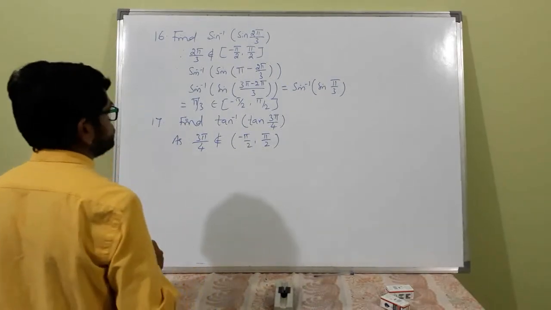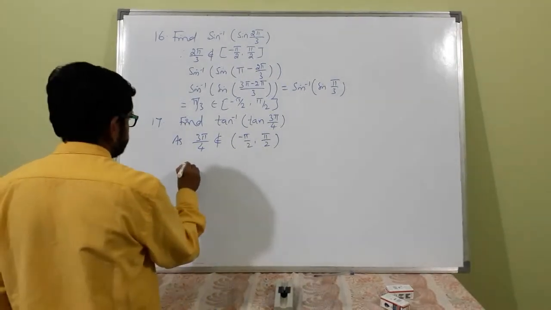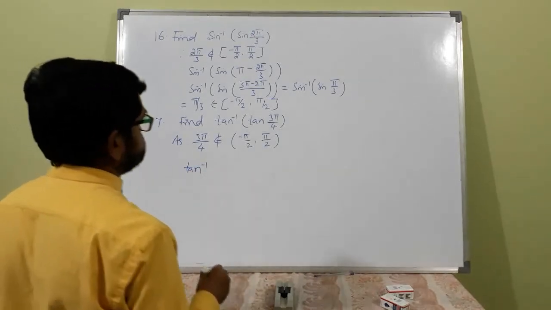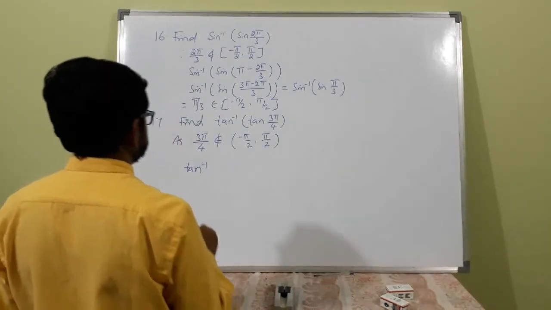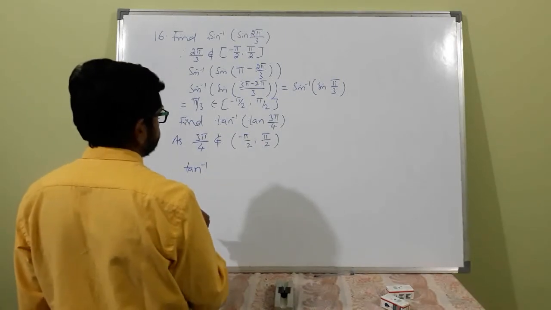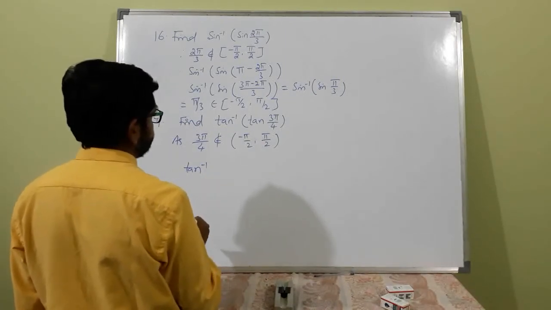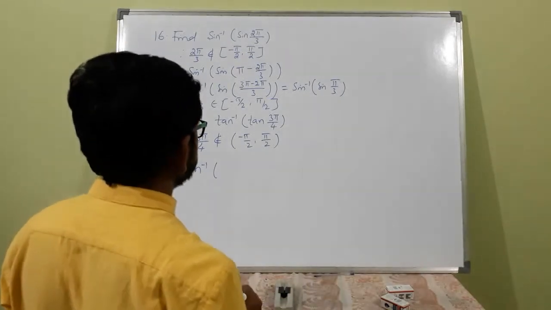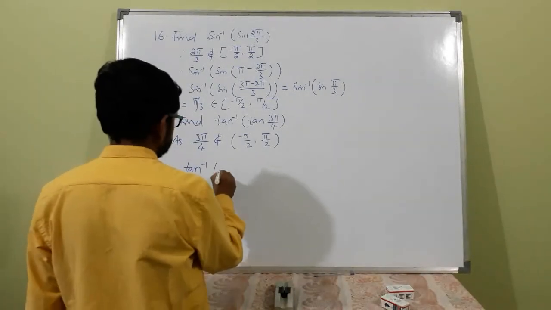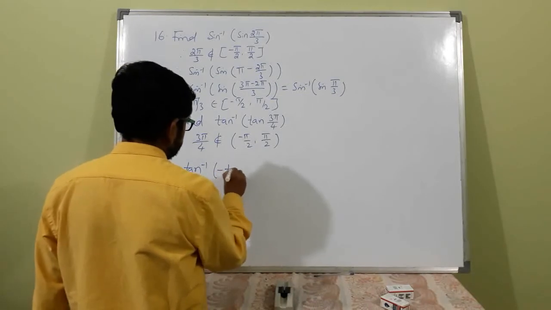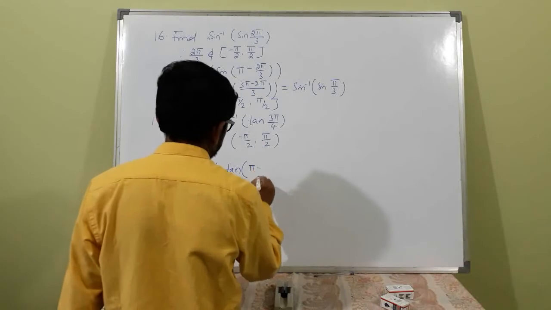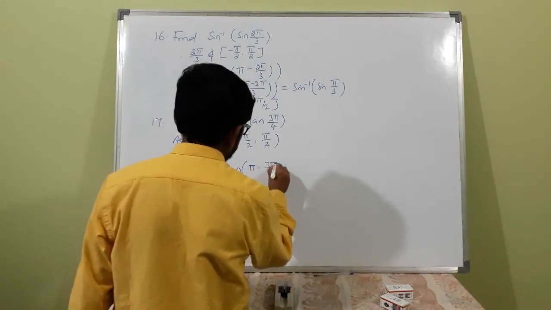So again tan inverse of minus tan pi minus 3 pi by 4.